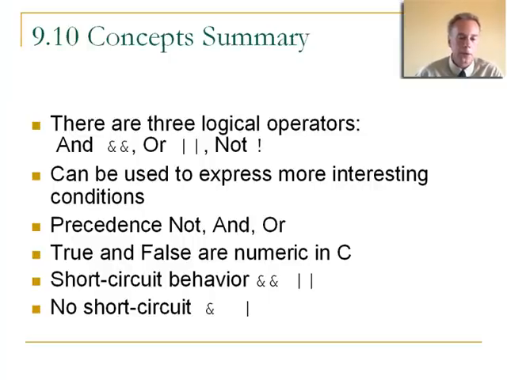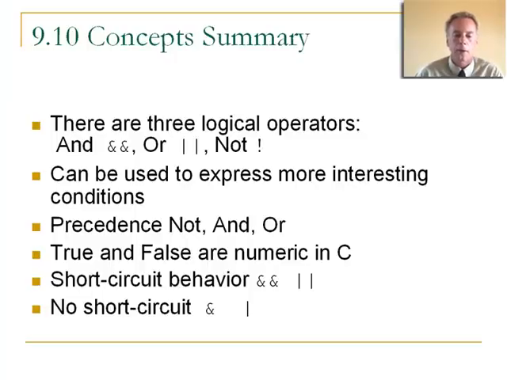The precedence order for the logical operators: the not comes first, and then the and, then the or. We looked at true and false values in C, and we recognize now that C uses numerics for representing true and false. 0 is false, non-zero is true.